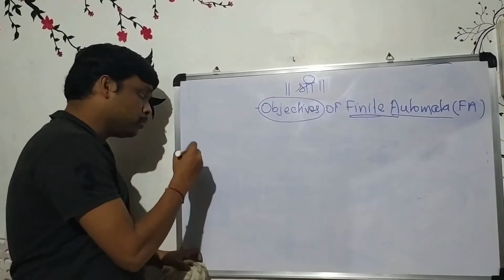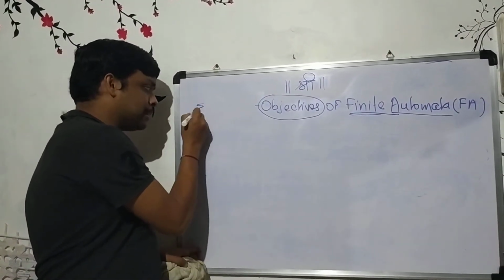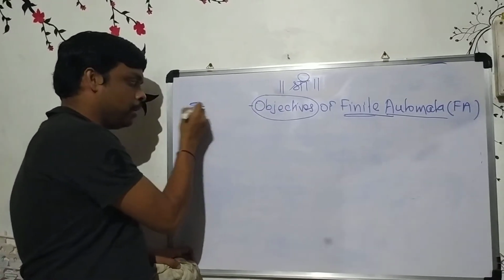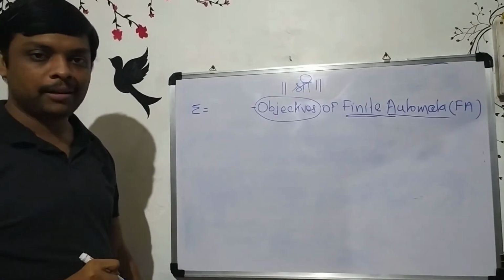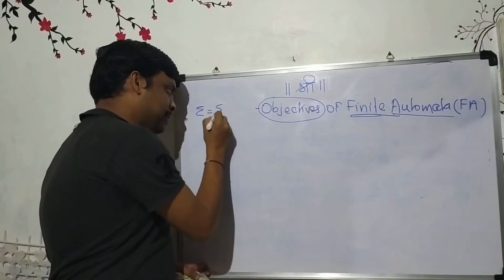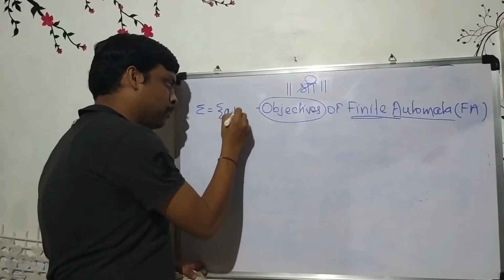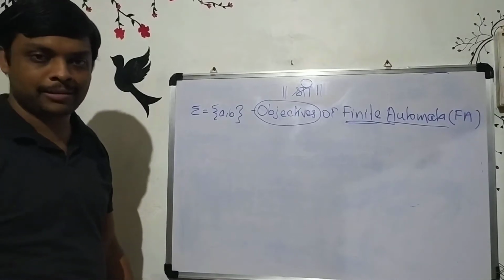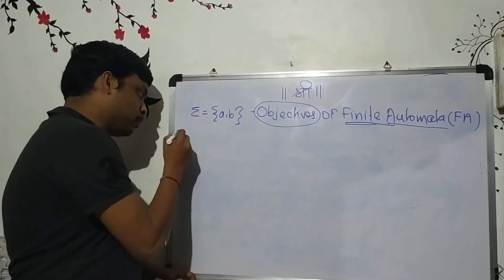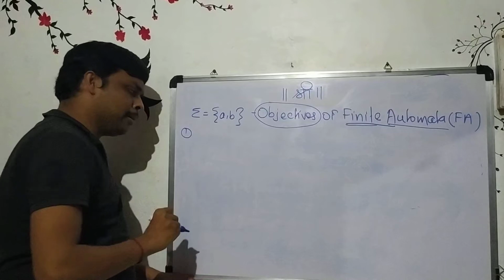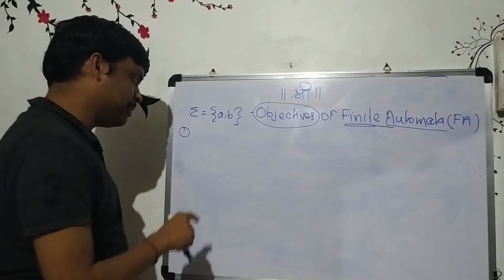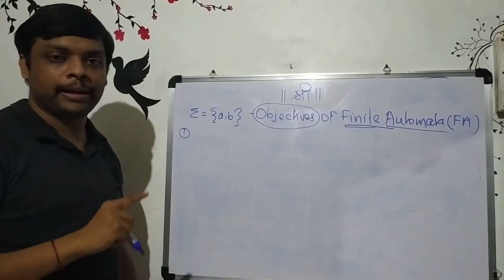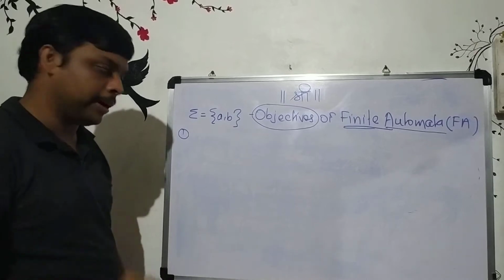Here, in our last session we took an example of alphabet sigma. That sigma contains two symbols in it, a comma b. This example we have already discussed, so I am just taking the same example. We will discuss one example of a finite and one example of an infinite language.